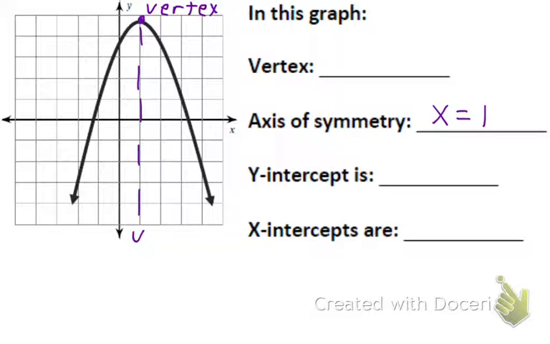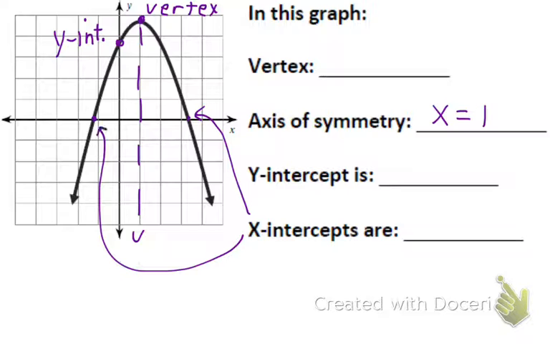The y-intercept would be where it crosses the y-axis. It'll be some decimal, or you could write it, I guess, as a mixed number. The x-intercepts will be some decimal values as well. So you'll see one there, and then you'll see one here.